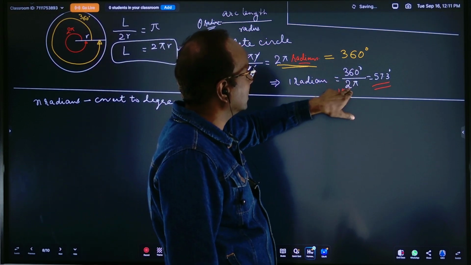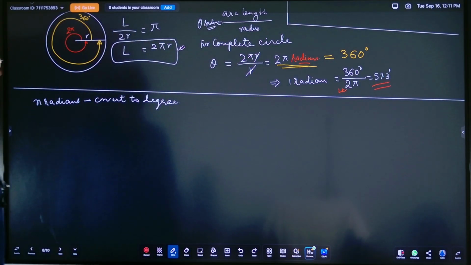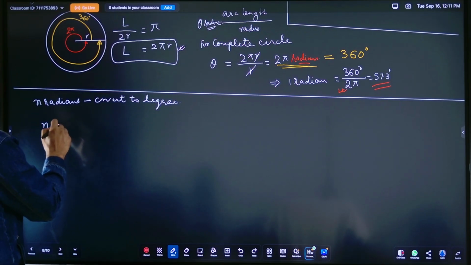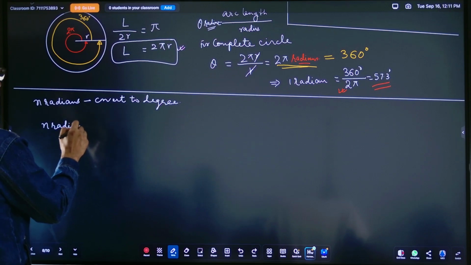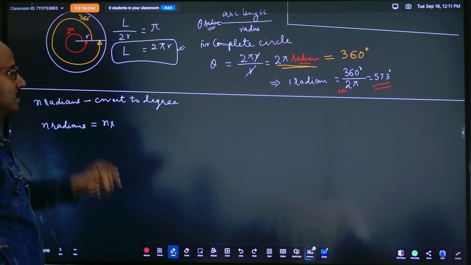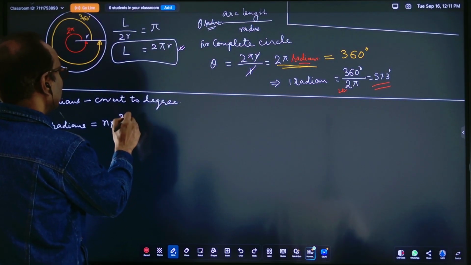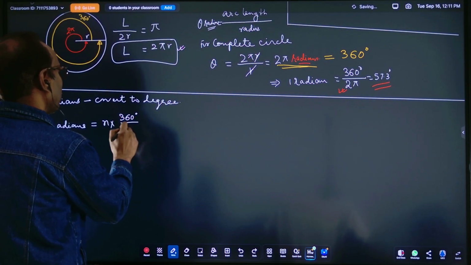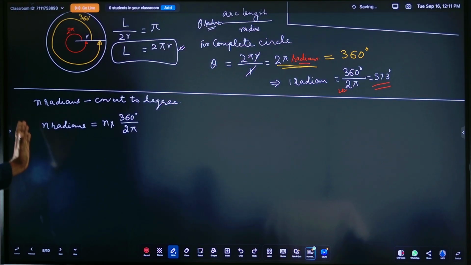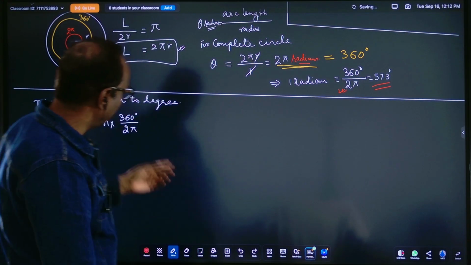You know that 1 radian is 360 degree by 2 pi. So if you want to convert n radians in degree, it will be n times 1 radian, and that 1 radian is 360 degree by 2 pi. So simply multiply with this value and you will get from radians to degree.